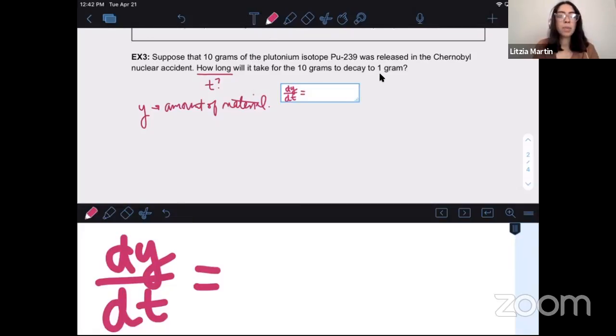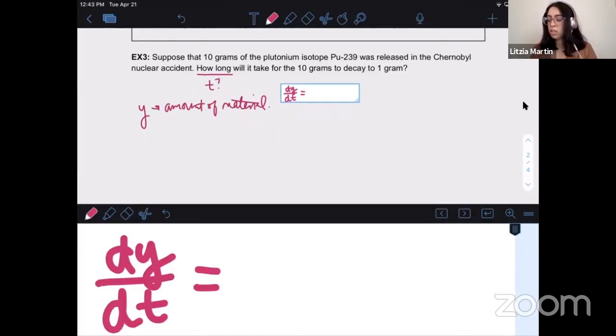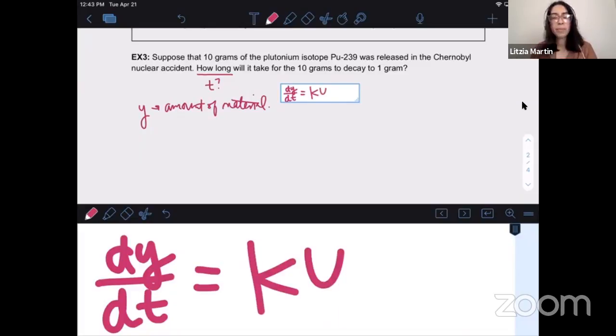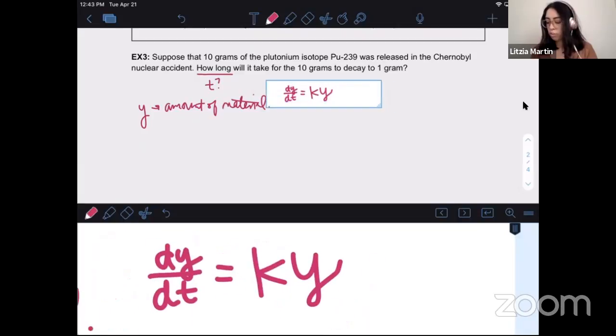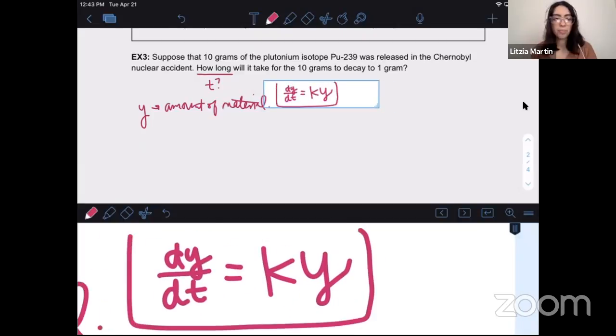And then the rest of the phrase: "is" meaning equal to, directly proportional to the amount of material. The amount of material is y, so we have k times y. Awesome. So now we have a rate of change that represents this decay.